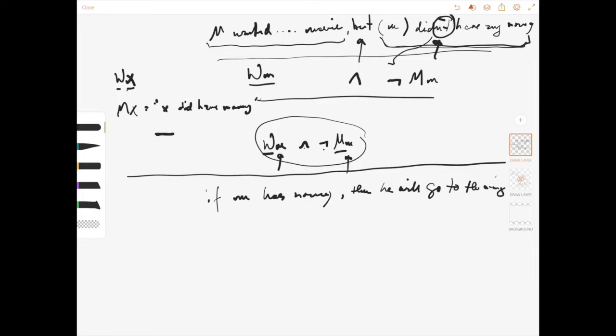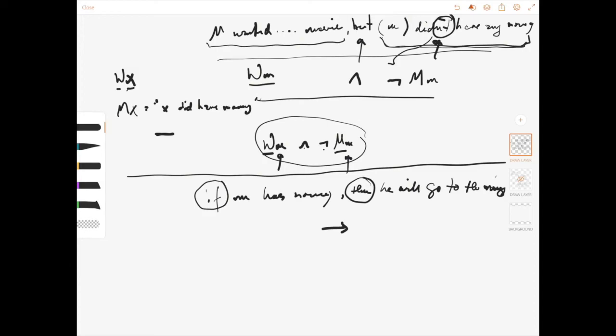All right. So right off the bat, you can recognize that we've got an if-then here. That's a sign that we're probably going to have material implication as the major operator.